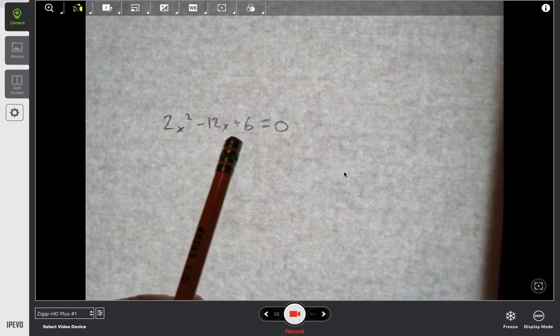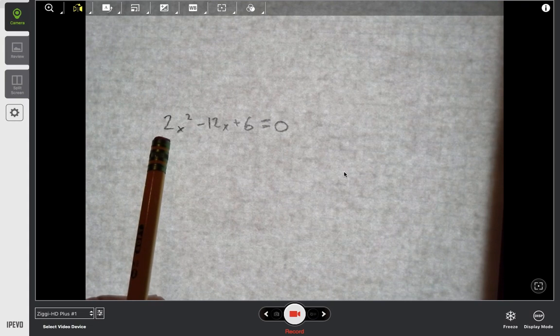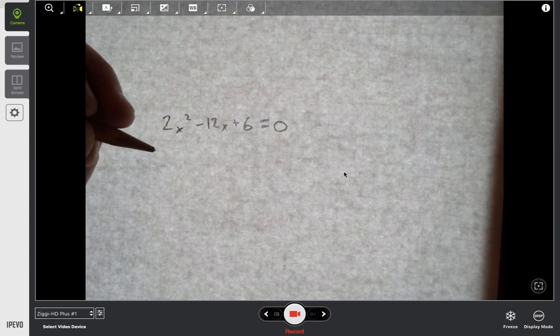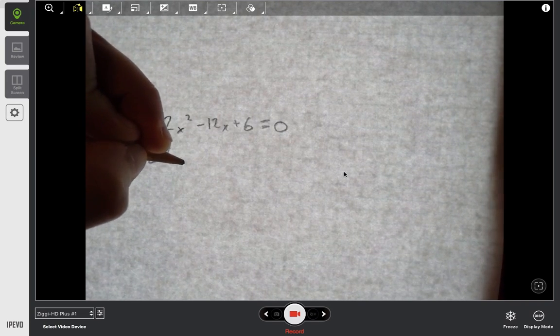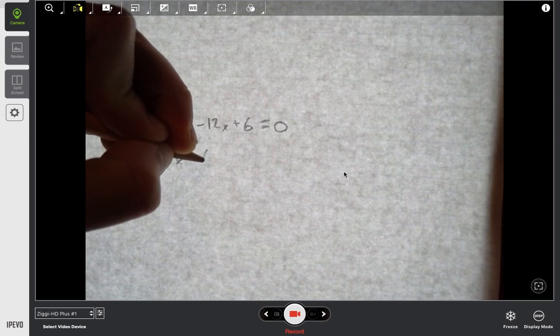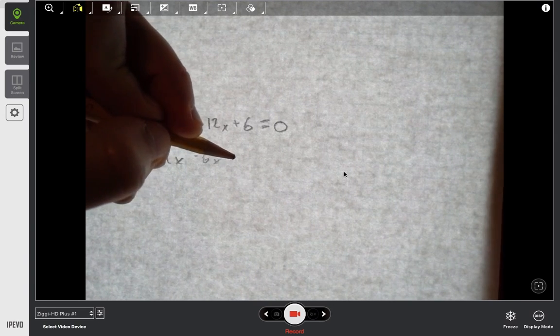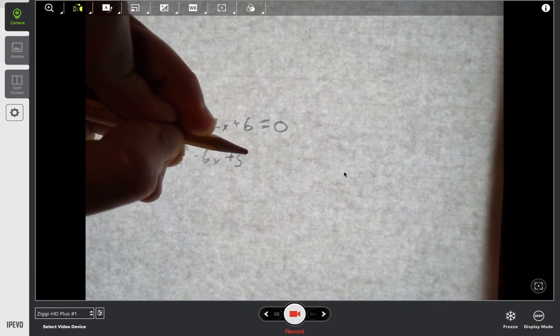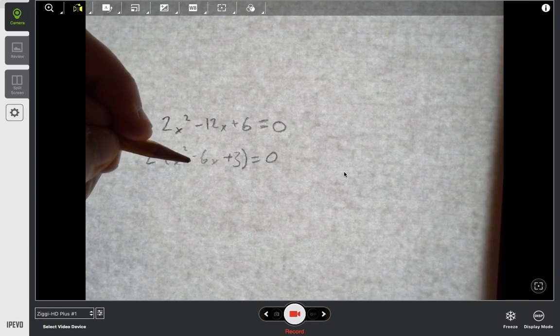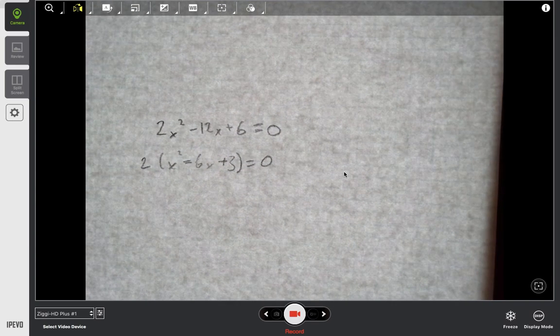I can divide out a 2 over here. So I'm going to do that. Let's divide out that 2, and now I'll get an x squared minus 6x plus 3 equals 0.